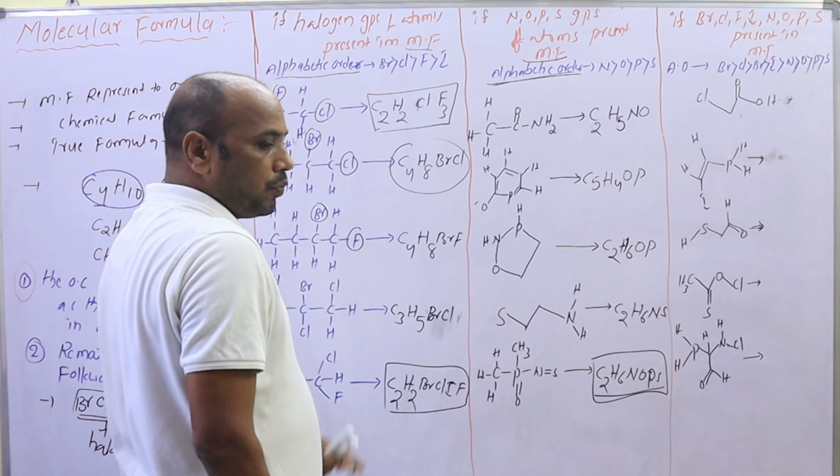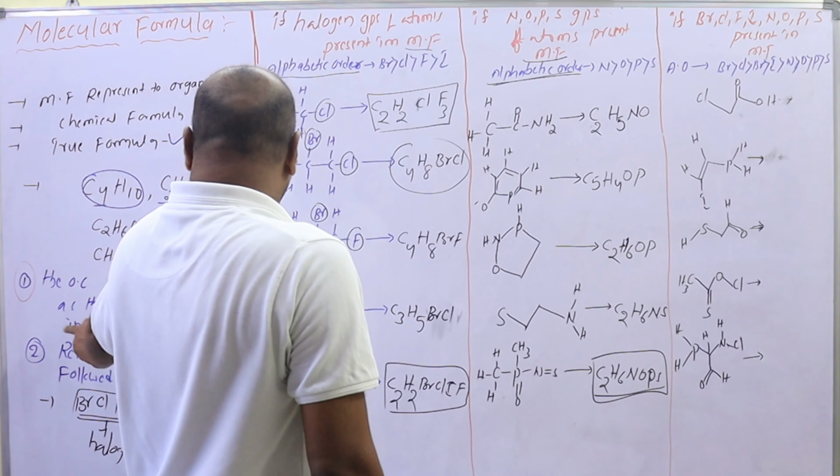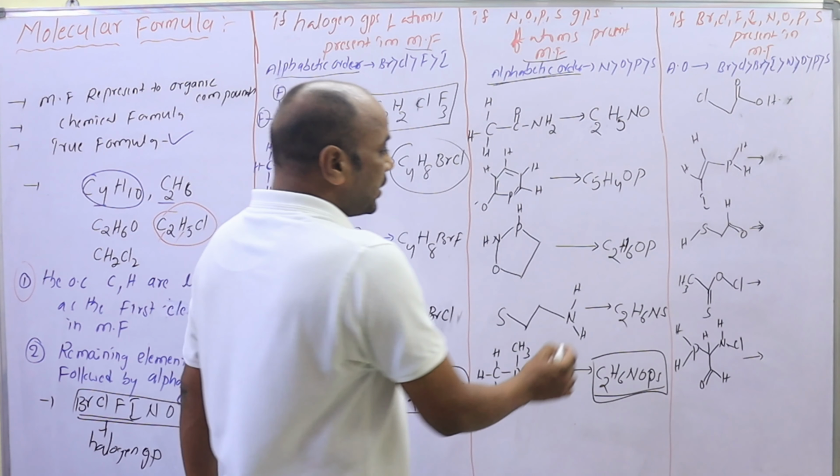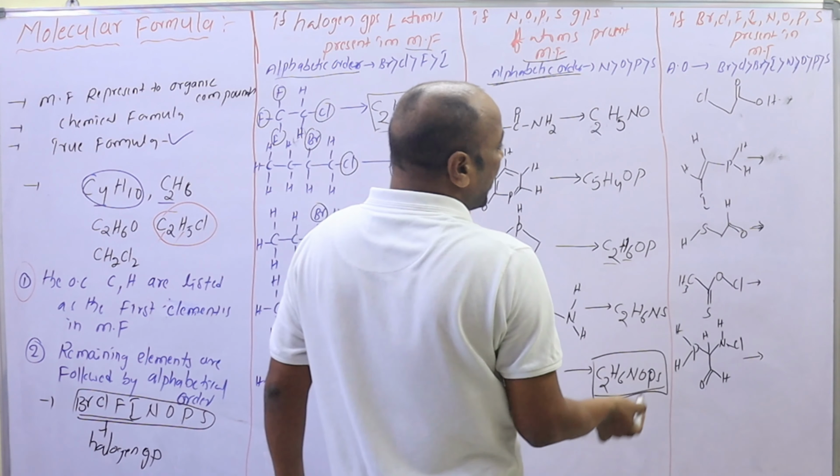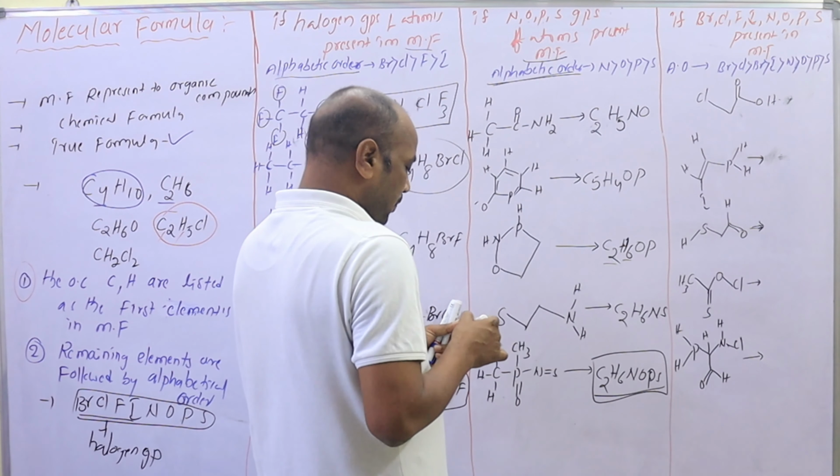These are the key points. The first key point is carbon and hydrogen, and the second key point is the remaining elements are followed by alphabetical order.